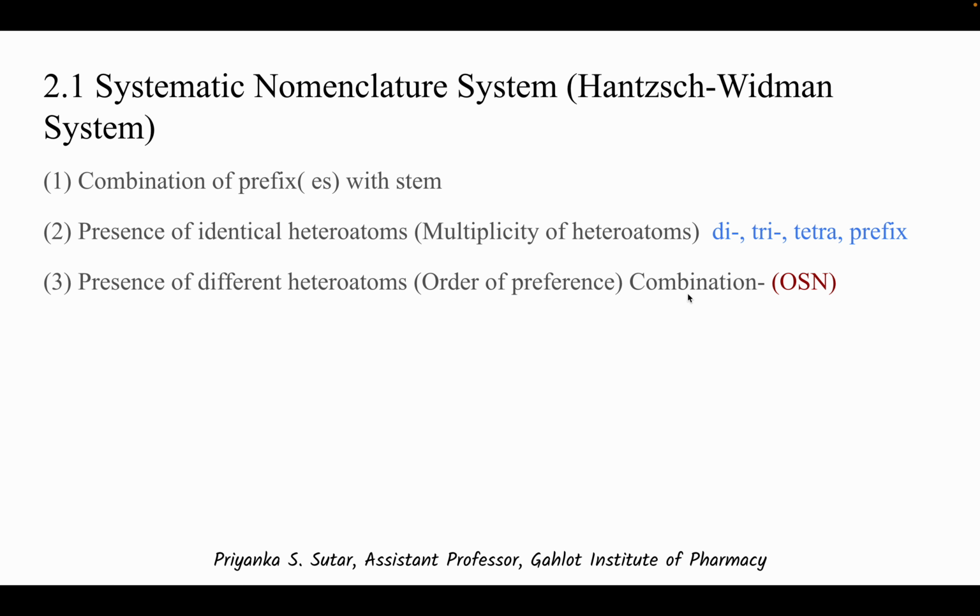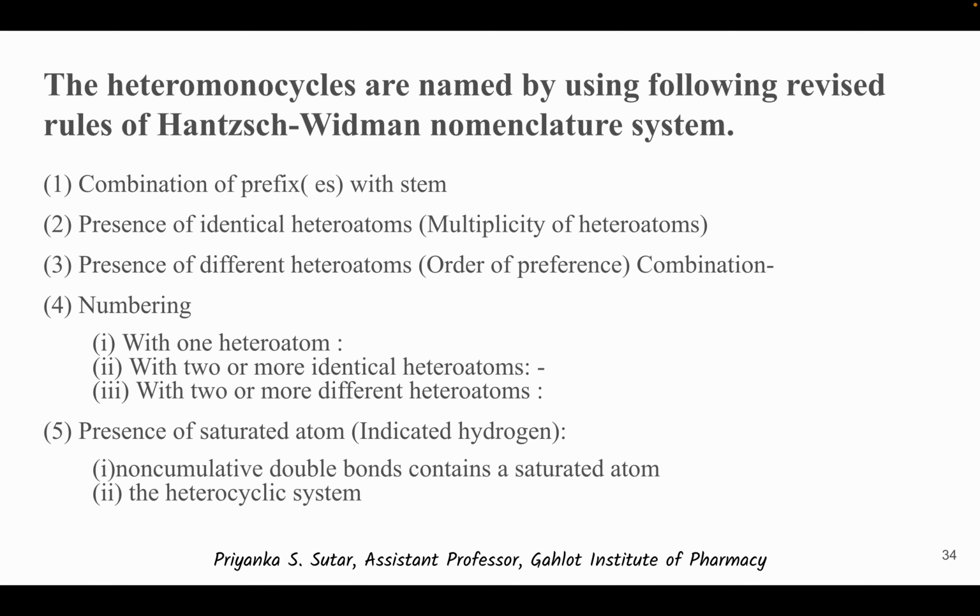So how will you write the name according to rule number 3? If 2 or 3 different heteroatoms are present in the same ring, you write the prefixes as per the order in table number 1, followed by the stem. So here you have learned 3 rules. The remaining 2 rules we will learn in the second part.